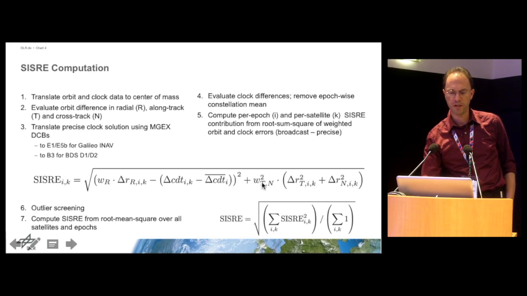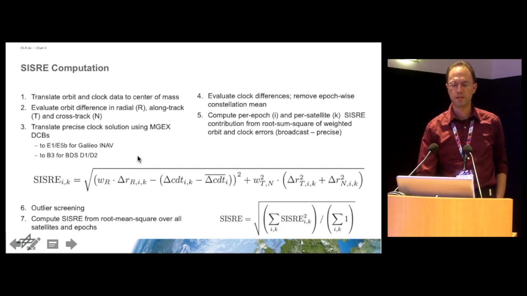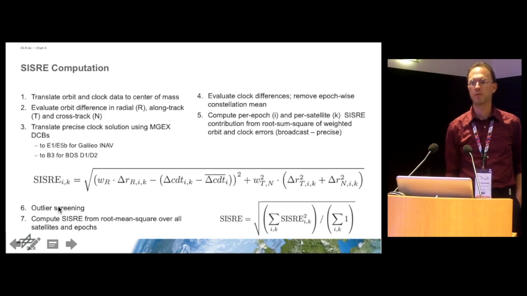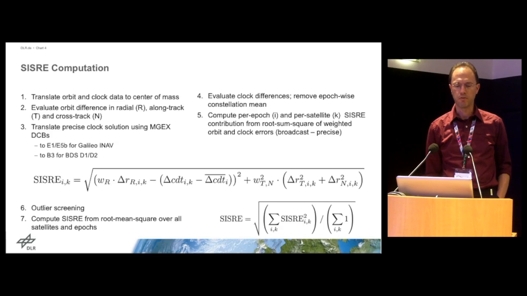You see also weighting factors, indicated with this w, and these weighting factors depend on the orbit height of the satellites. We have here the clock contribution and subtracted the constellation mean. After this step, we can do an outlier screening, so we can use some fixed limit, we can use some percentile limits, and at the last step, the SISRE can be computed as the RMS over all epochs and all satellites.